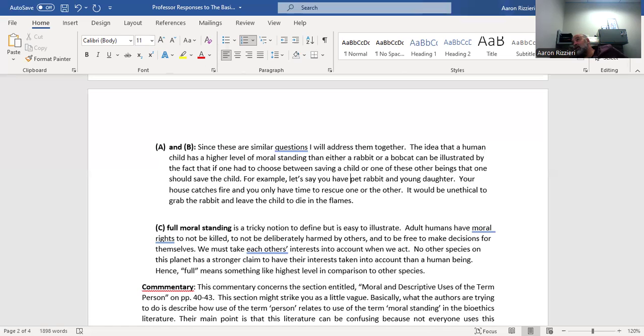One owes more to a human child than a rabbit, and this is revealed in this kind of scenario where you can only rescue one or the other. You have an obligation to rescue the child. And the same thing applies if you're comparing a child to a bobcat. For example, let's say a bobcat's about to eat a child, and you could stop it only by harming or killing the bobcat. That would be the ethical thing to do.